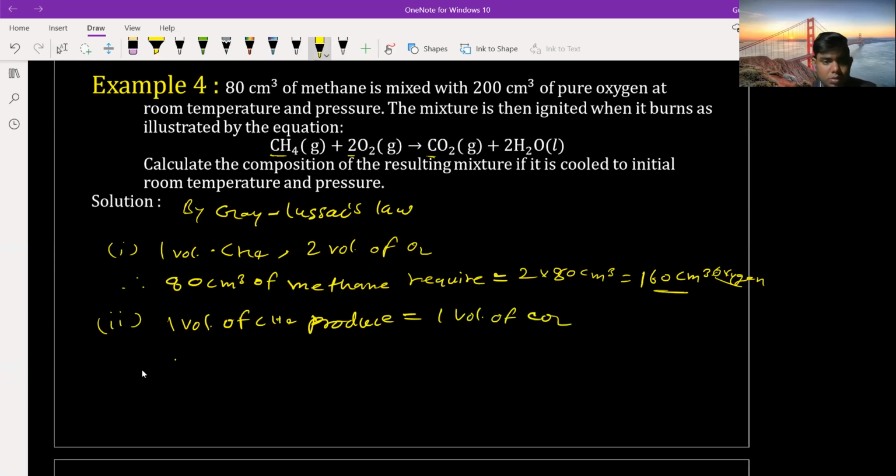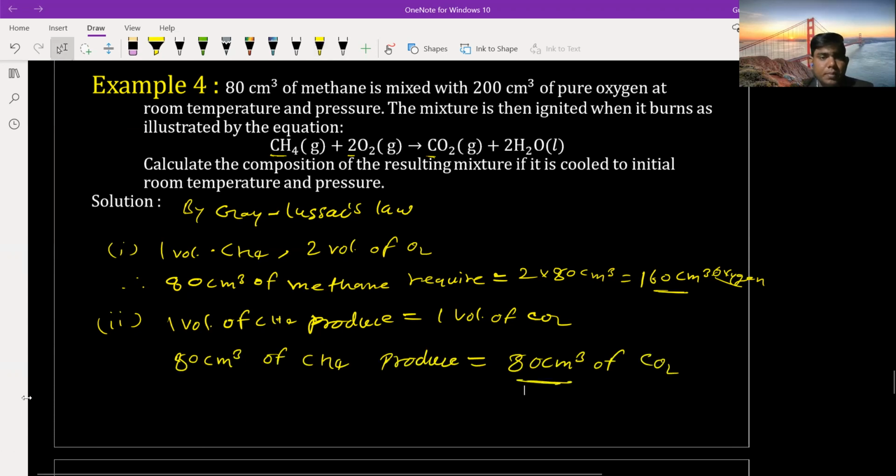So we can say that 80 centimeter cube of CH4 produces 80 centimeter cube of CO2. Okay, this is our answer.